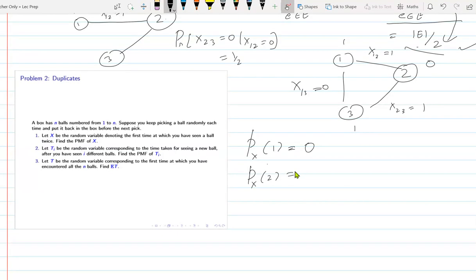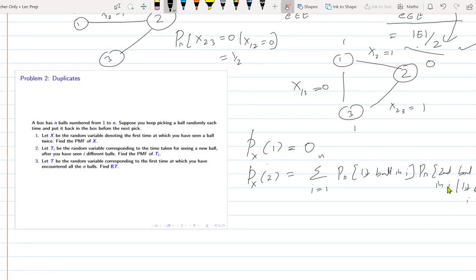So it's 1 by n. If you are confused, take i equal to 1 to n: the probability that the first ball is i, and the probability that the second ball is i given that the first ball is i.